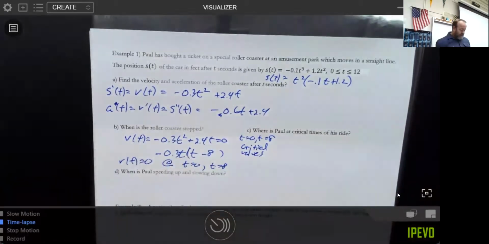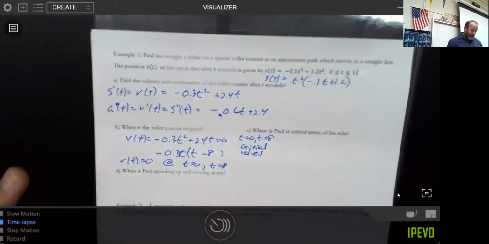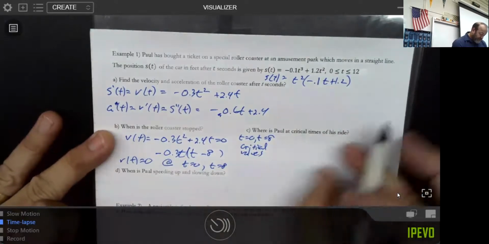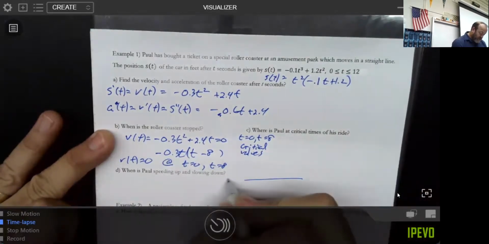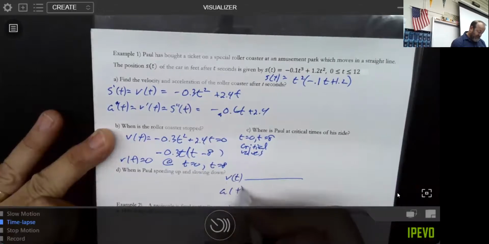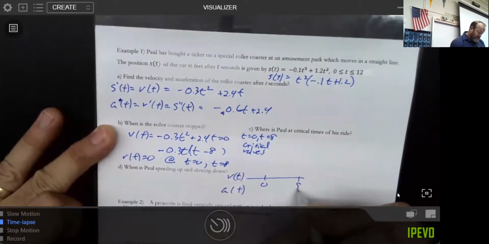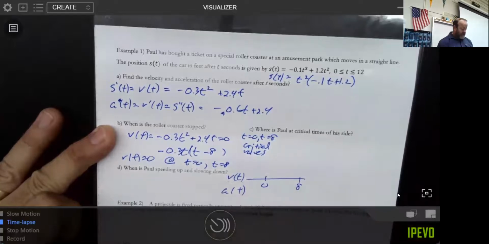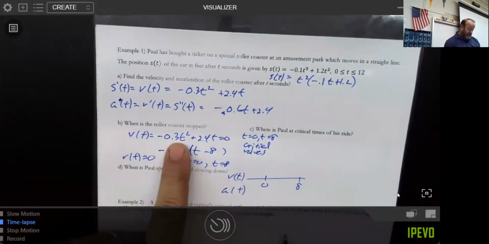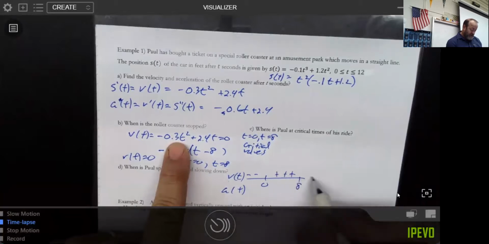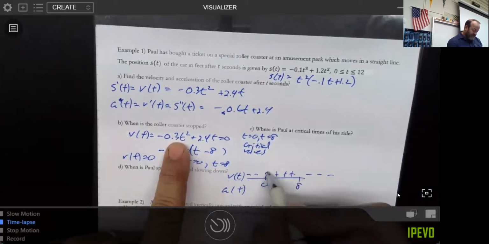Now we have a statement down here about speeding up and slowing down. I'm leaving a gap right here for a reason. One of the things we like to do in calc is make a sign chart. We know that our velocity was 0 at 0 and 8. I also know that this is a downsloping parabola, so it should be negative to the sides and positive in the middle.